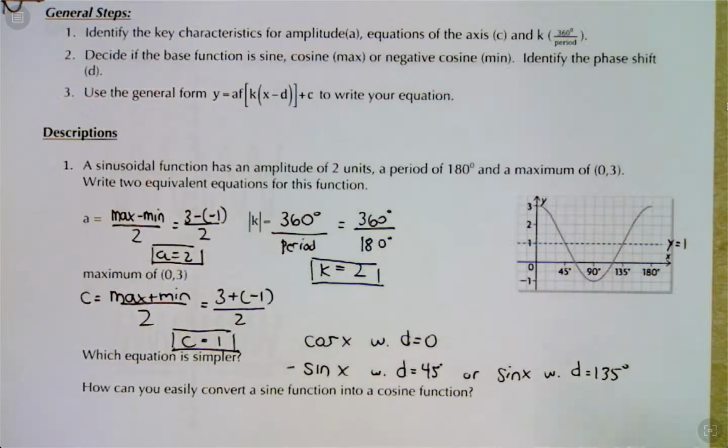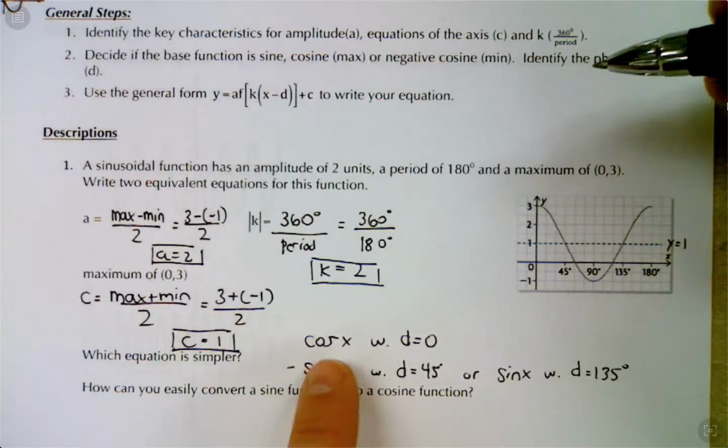So then we ask ourselves, which equation is simplest? Well, the equation that is simplest here is the one with no shift, a d of 0. So the cosine graph would be easiest to write. Sine, we have two choices. It doesn't matter which one. I'll just go with this one, the negative sine graph. So we'll write two equations here.